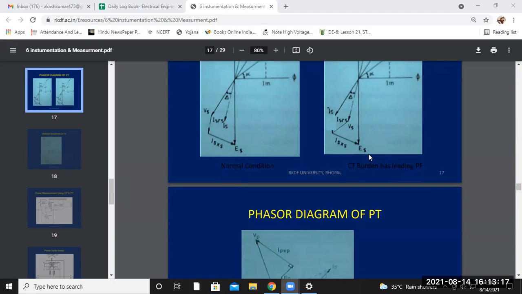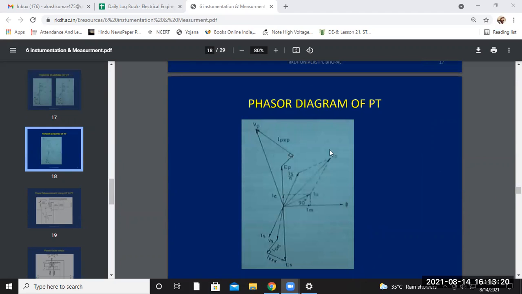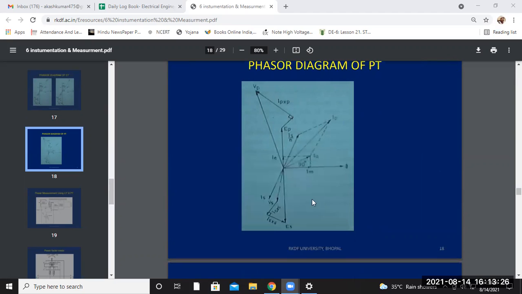Now there is the phasor diagram regarding the PT. The phasor diagram of the PT looks like this. Here also you can see that IS is leading VS, so it is a leading power factor.